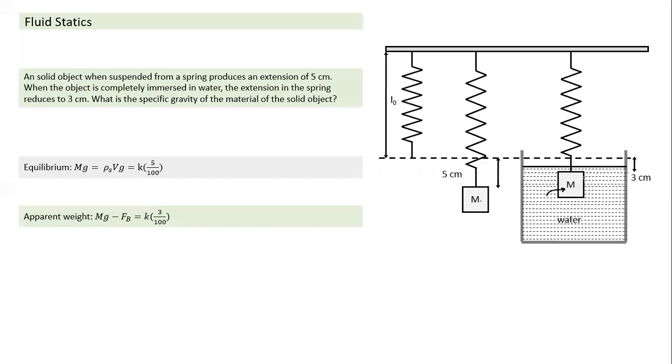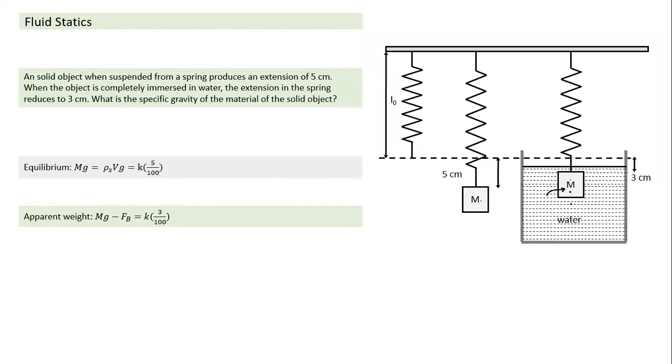In the second case, when it is submerged, you can try this if you have any steel ball. Just try to hold the steel ball in your hand. Some of you have metal dumbbells at home. Just hold the dumbbell in your hand and then submerge the dumbbell in a bucket of water. Immediately you will feel as if the weight has reduced. So in that case, what happened? Earlier you had to apply an upward force equal to the weight of the object.